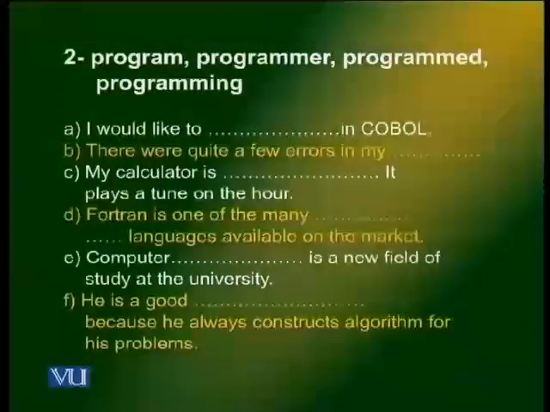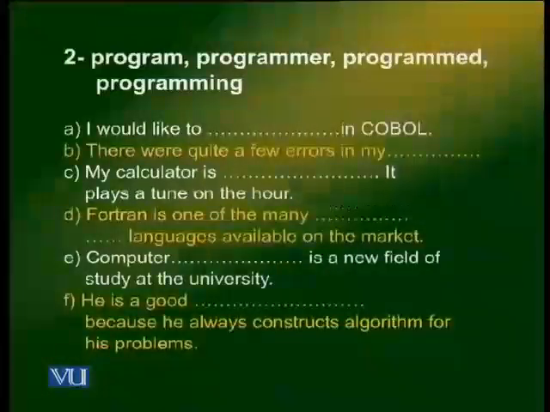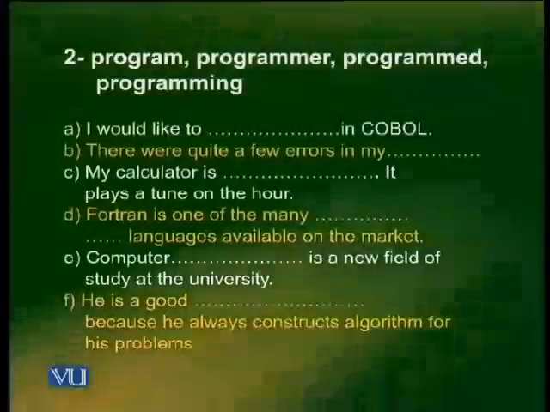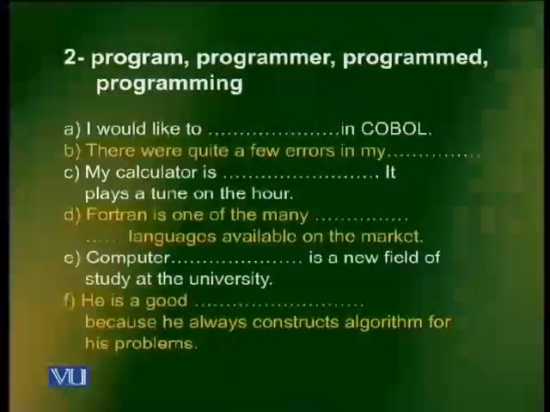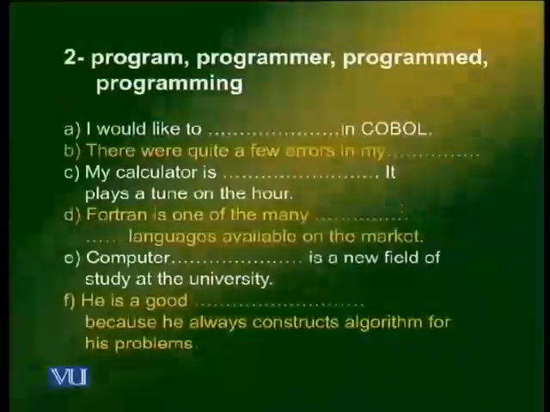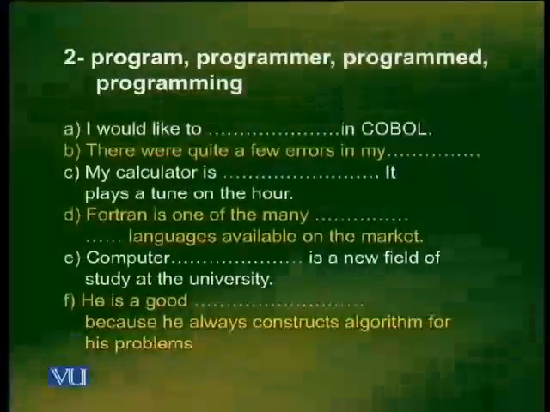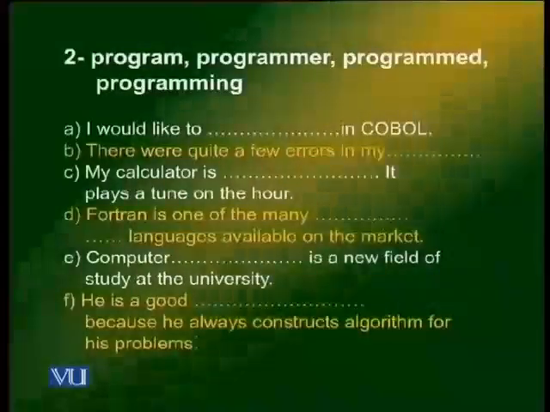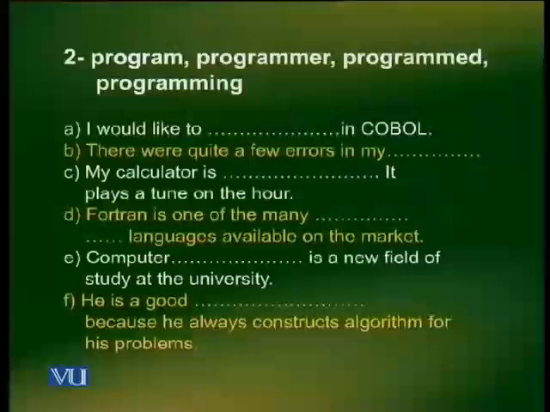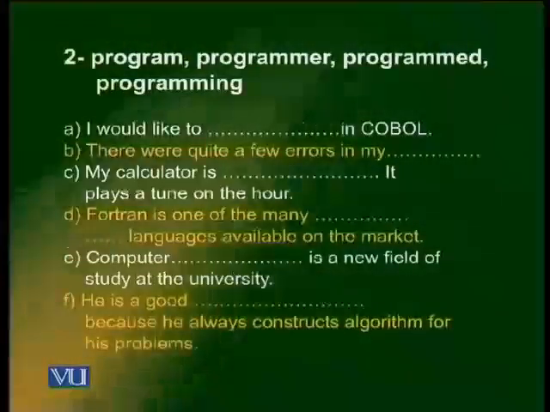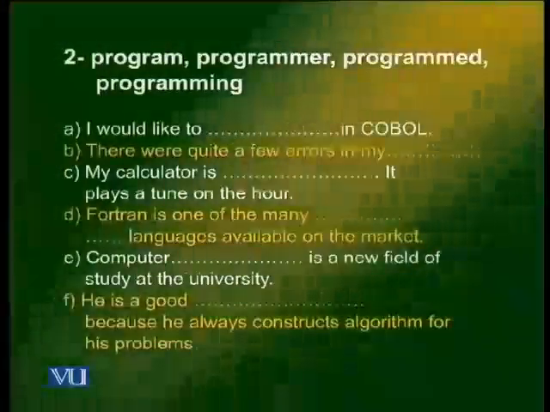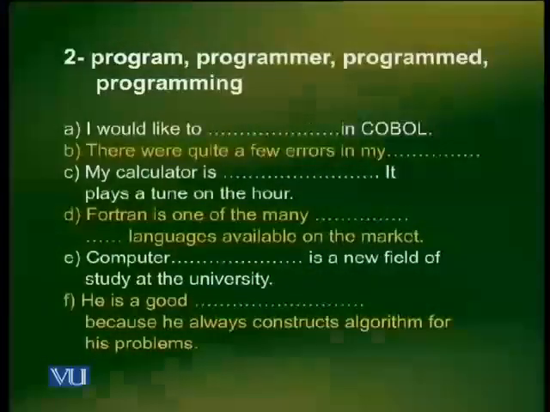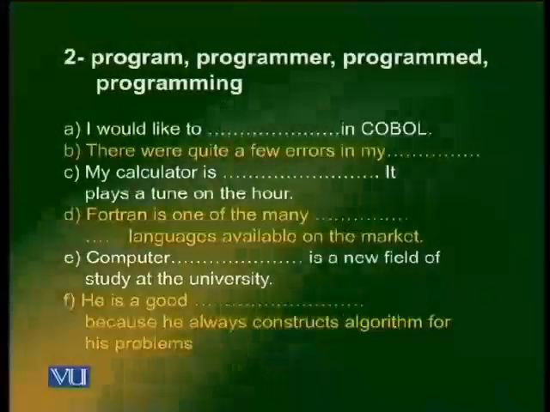Is programmed. It has to be the word with the ed ending. It plays a tune on the hour. And number D, Fortran is one of the many dash languages available in the market. Is one of the many programming languages available on the market.